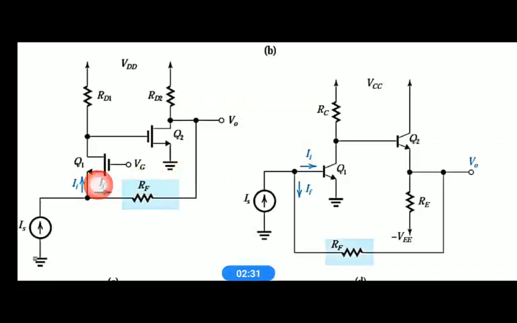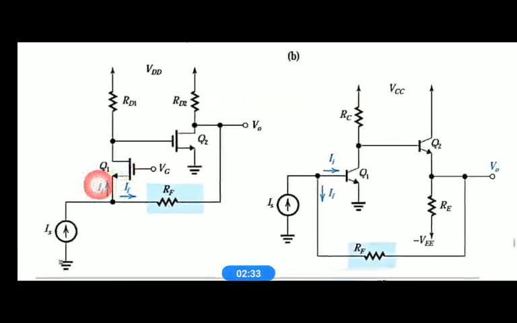In a similar fashion, in this network, when you increase the Is, it causes II to increase. Since this current is going from source to drain here, the drain current of this FET will increase. This is also an N channel FET, and it will conduct more.